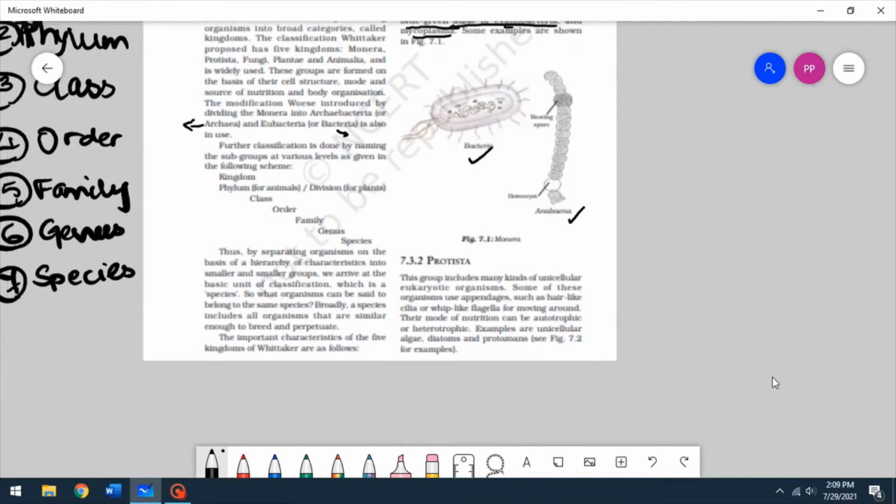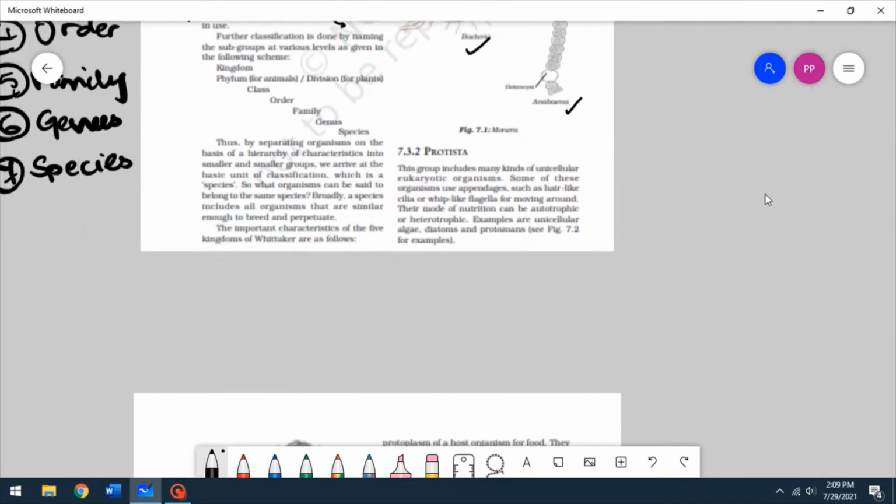And then we have the kingdom Protista. This group includes many kinds of unicellular eukaryotic organisms. So Monera, I like to connect it to the previous concept. Monera would be prokaryotic, unicellular.